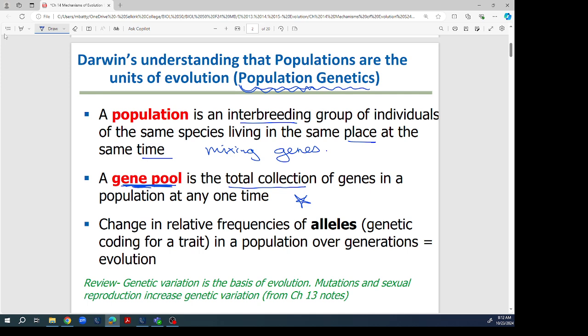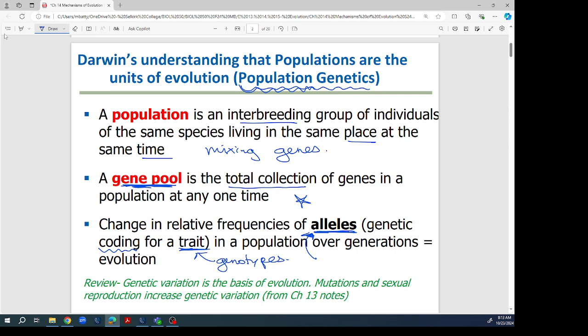The change of relative frequencies of alleles, this is how we map, this is how we count or tabulate our gene pool. The alleles, you have one allele from your mom, one allele from your dad for each genetic trait. And so we're looking at the total coding. In genetics, we call those the genotypes.